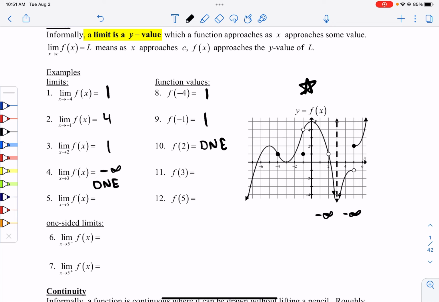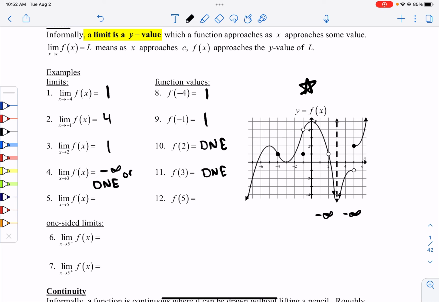On the AP test, it would take negative infinity or does not exist. It's going to take both of those. Now, once I actually get to 3, the value f of 3 is equal to nothing because there is no value there. That makes it an asymptote, right? So that's my does not exist.